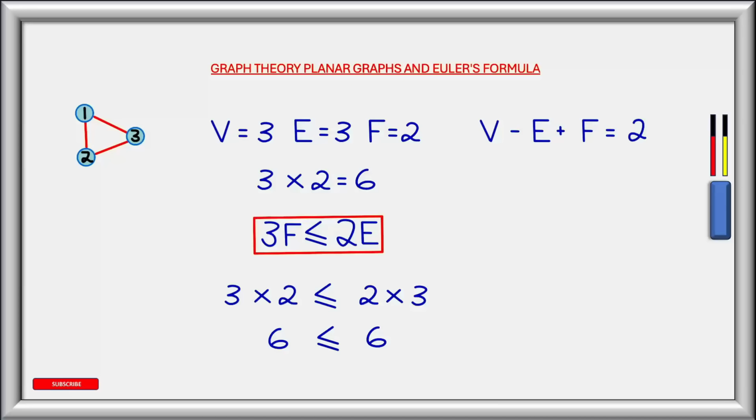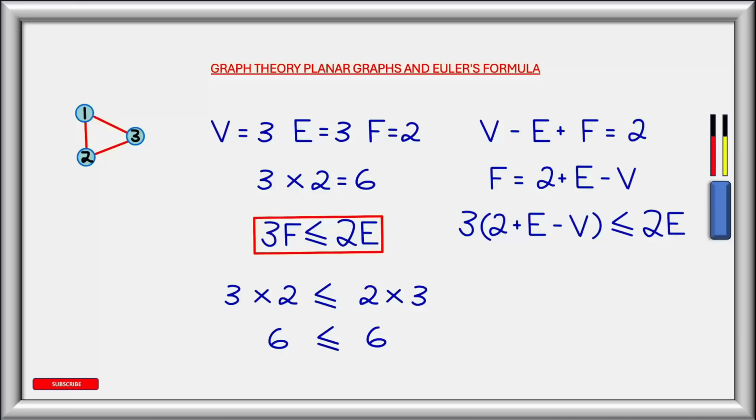If we start with Euler's formula, v minus e plus f is equal to 2, and rearrange to find f, we have f is equal to 2 plus e minus v.